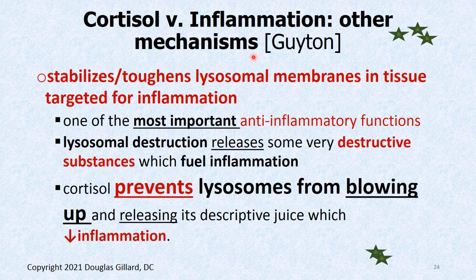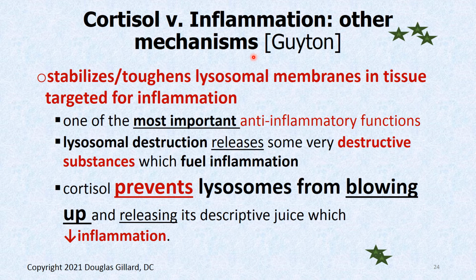And so cortisol can toughen the lysosome membrane in the tissue that's about to be destroyed. So if the cell does get destroyed, the lysosome won't be destroyed. Guyton says it's one of the most important anti-inflammatory functions of cortisol, making that lysosome tough, so it doesn't dump all those nasty free radicals out of its stomach.